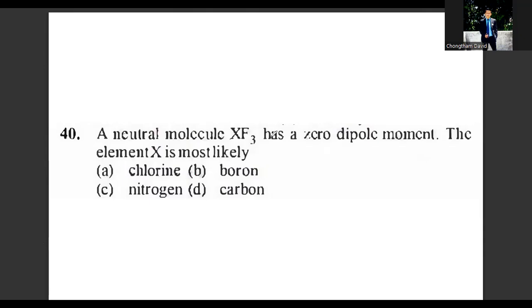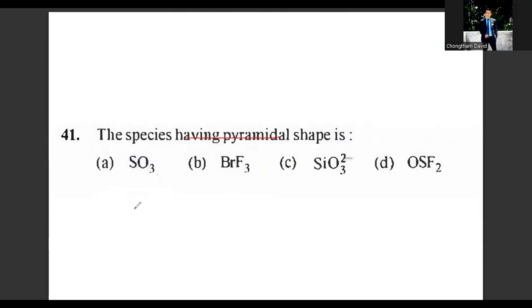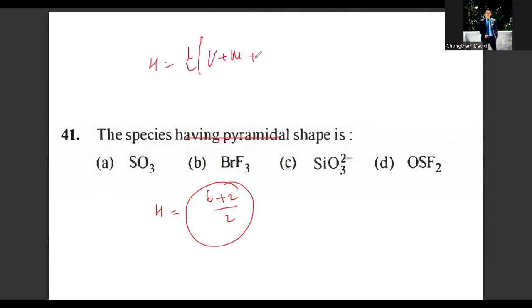Okay, the species having pyramidal structure or shape would be? So you need to find the hybridization of all these. In the case of OSF2, the hybridization is (6 + 2)/2, because as I've already explained, you can find hybridization from this formula as well. Since there is no cation or anion, we're just simplifying.